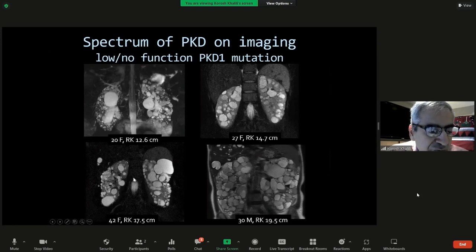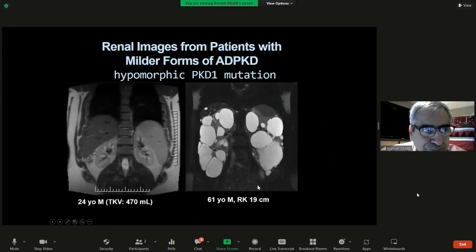In this 42-year-old patient, in between the cysts, there's some renal tissue. In this patient, there is no parenchymal tissue left between the cysts. So even with the same type of mutation, the manifestations in the patient can be different. This 42-year-old doesn't have as bad a disease as this 30-year-old.